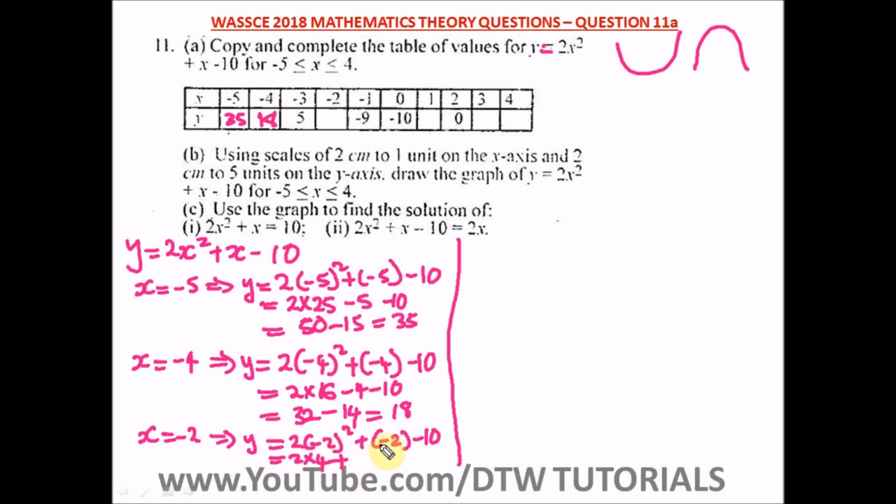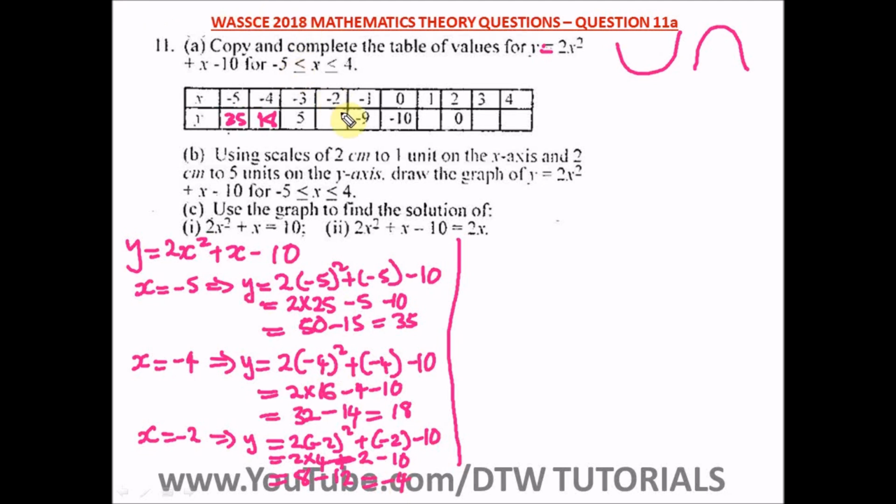Plus, no, not plus, you see where plus times negative will give us a negative. So -2 minus 10. So here we are left with 2 times 4, which is 8. And -2 minus 10 will give us -12. And what is 8 minus 12? That will give us a negative 4, is that not it? So we have a -4 here.